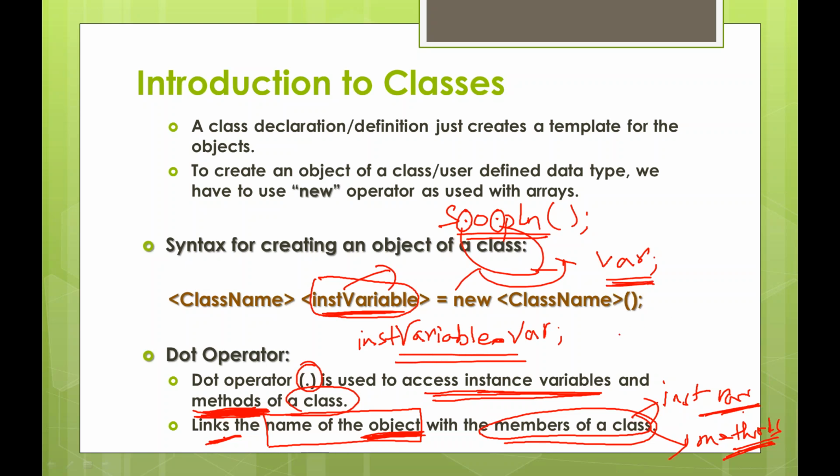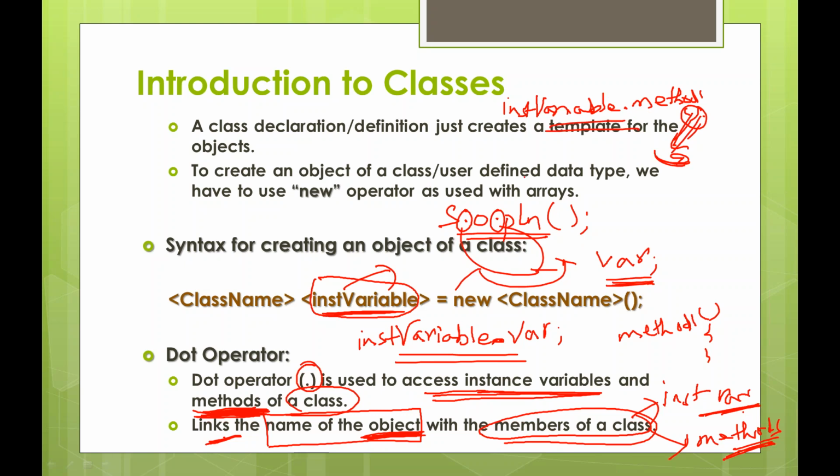Similarly, say I have a method by the name method1. We can access that method using the object name, dot, method1, with open and close parenthesis. If there are parameters, we'll pass those parameters in this parenthesis.